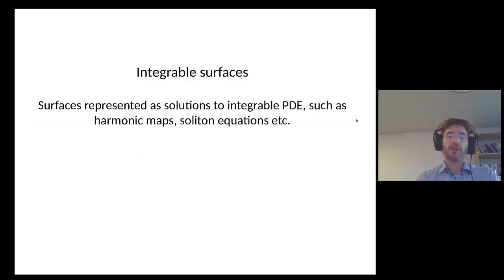So that was an example of what we call an integrable surface. So integrable surfaces are surfaces associated to integrable PDEs, like harmonic maps, soliton equations, etc. I'll just mention a few examples because the maximal surfaces in the Heisenberg group that we talk about later is just one example.